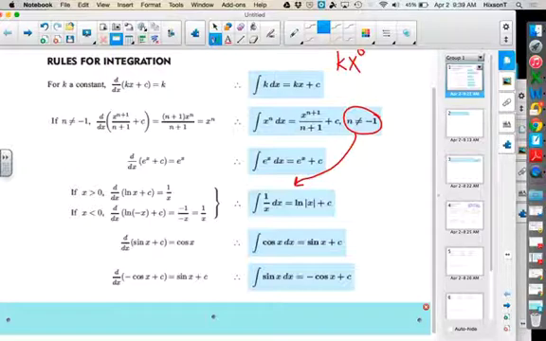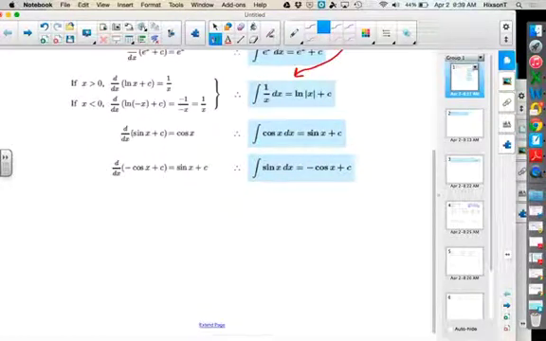Now, it's really easy to get these mixed up, which ones end up negative and which positive. Mrs. Barbag has a real easy way of remembering this that she showed the AP class, and I thought it was cool. Sine, cosine, negative sine, negative cosine. If you can remember that, you can remember all your derivatives and integrals. The derivative of sine is cosine. The derivative of cosine is negative sine.